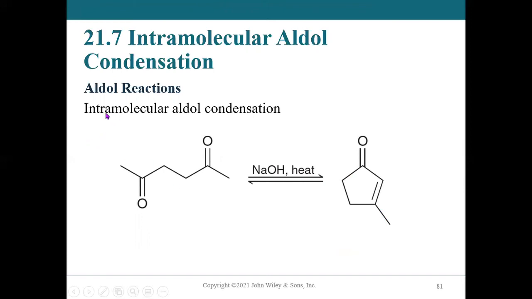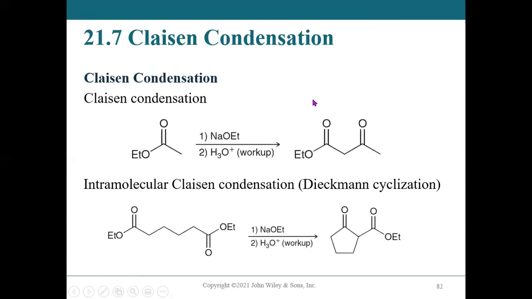We also learned the intramolecular aldol condensation to produce a 5-member or 6-member ring. So we can use a compound that has two carbonyls. If we can possibly produce a 5-atom ring or 6-atom ring, they will do that using the aldol condensation.